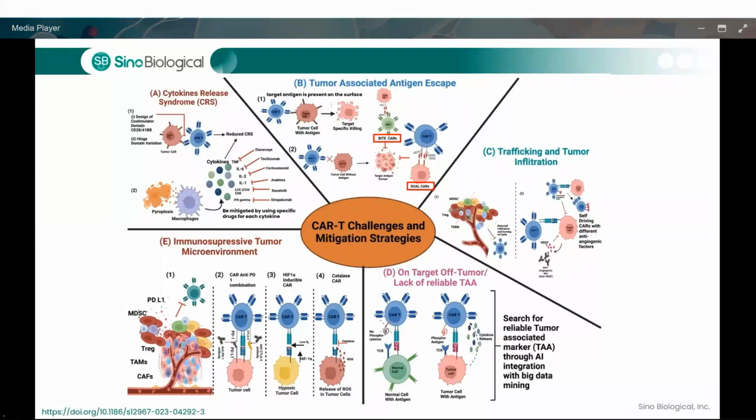To overcome this, CAR T cells expressing anti-checkpoint inhibitors can promote growth of the T cells in the tumor microenvironment. HIF-1 alpha inducible CARs, which get activated in the hypoxic tumor microenvironment, and catalase-expressing CARs to scavenge the ROS in the tumors to promote T cell growth can all be utilized in practice.